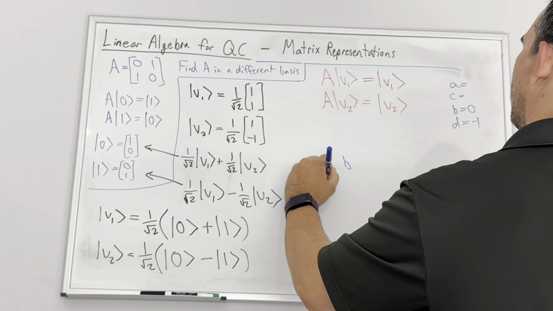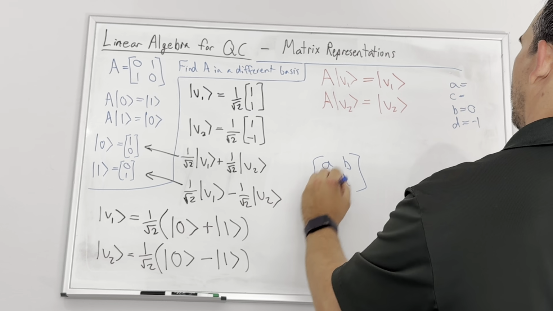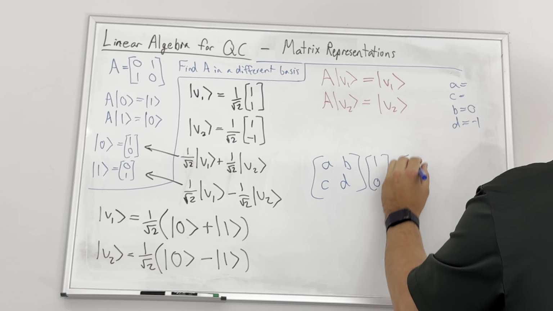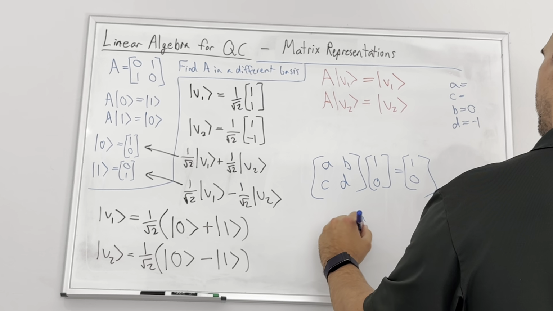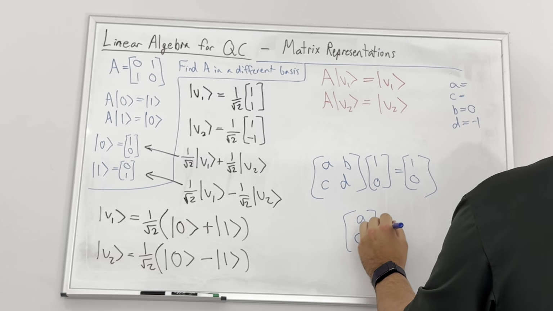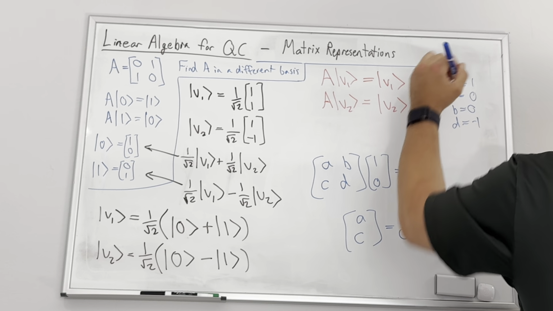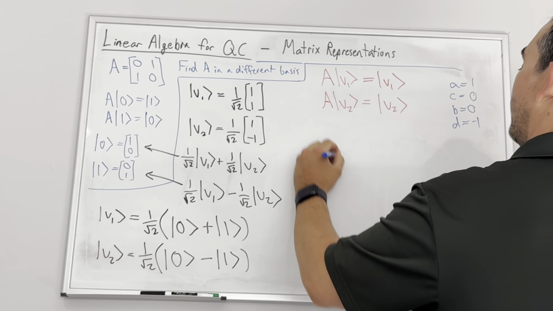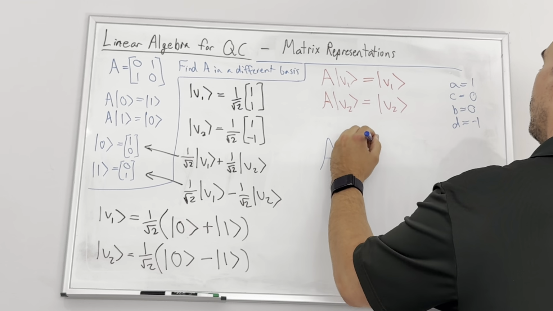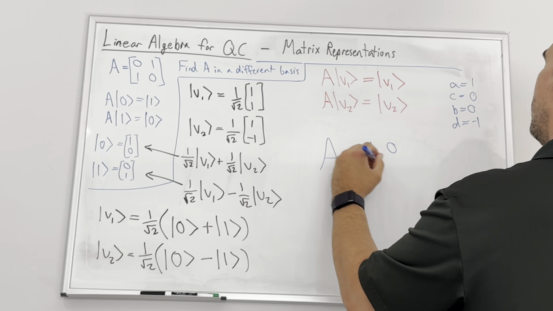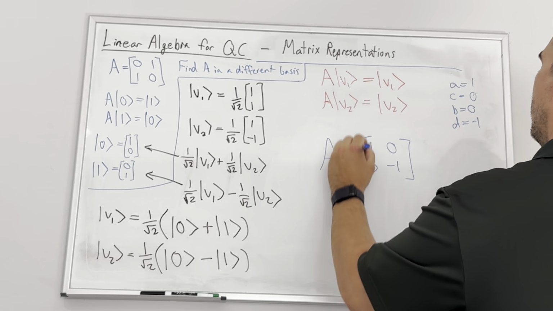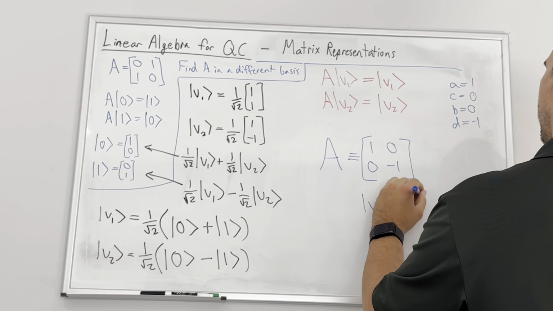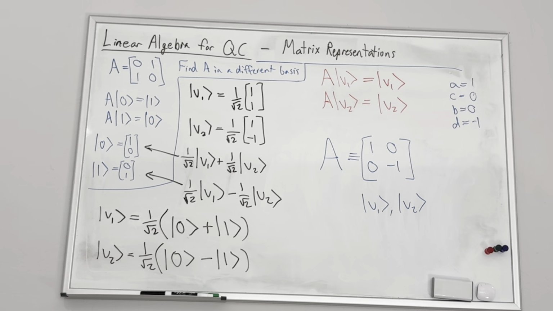So A, B, C, D on 1, 0 equals 1, 0. Yep, so I'm going to get A, C equals 1, 0. Yep, 1, 0 like that. My bad. That's why you've got to do the algebra. So at the end of the day, A is going to be equivalent to 1, 0, 0, negative 1 in the basis V1, V2. Ooh, how abstract.